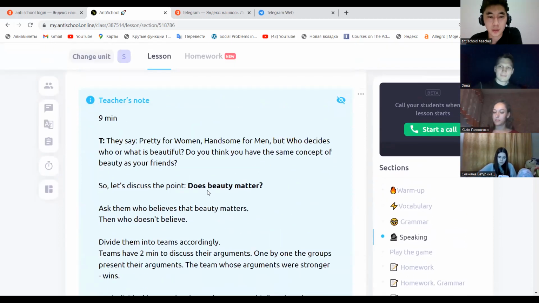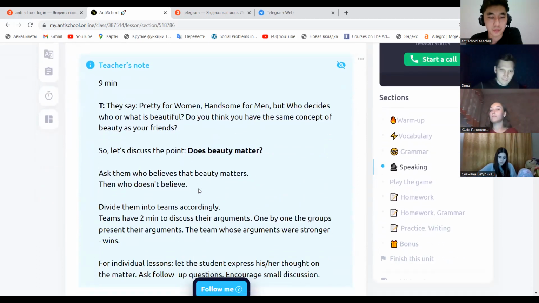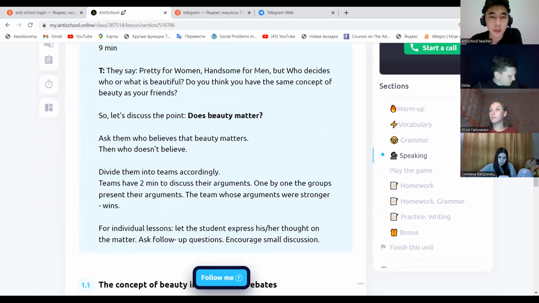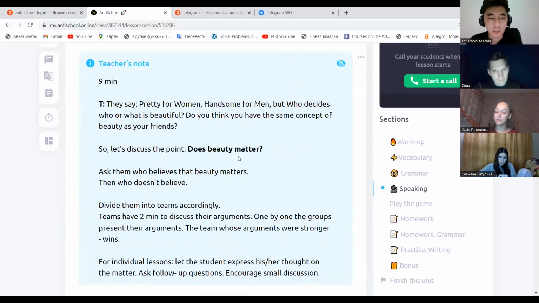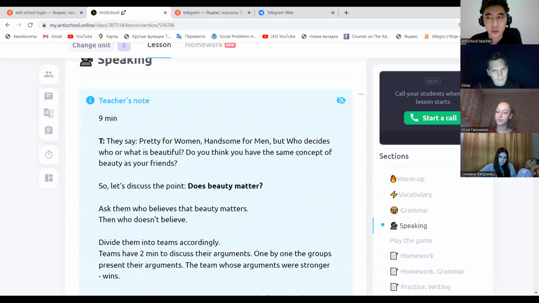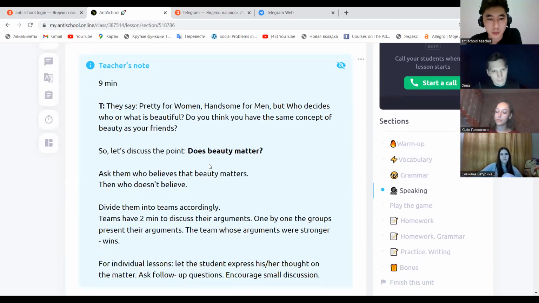We've got the exercise here to prepare a talk for this topic. Does beauty matter? It's almost the same as what we talked about with the importance of appearance.